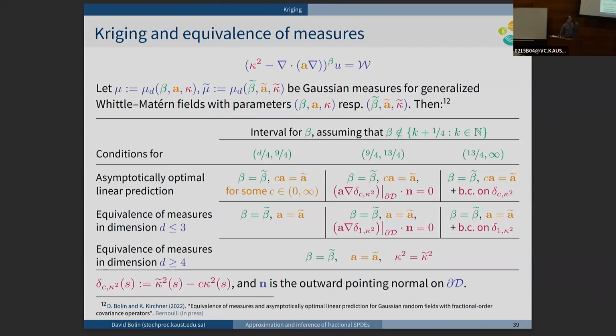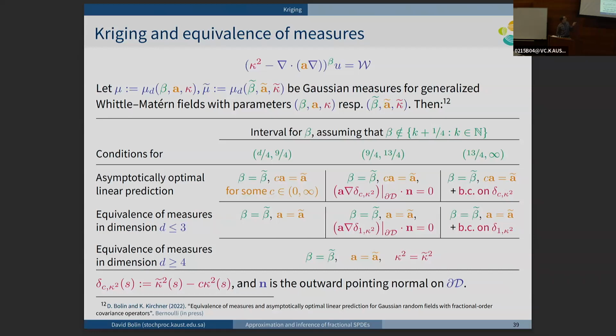The details here are not so important. Some broad things that you can note: as I said, equivalence of measures requires more than asymptotic optimality of Kriging. You can note that if you want equivalence of measures in dimension d greater than or equal to 4, you need all parameters to be equal.